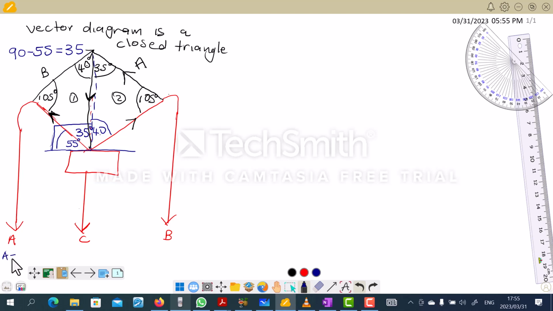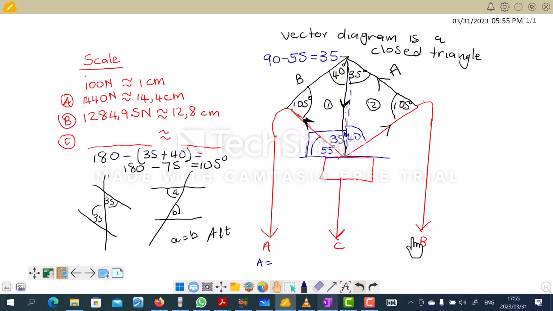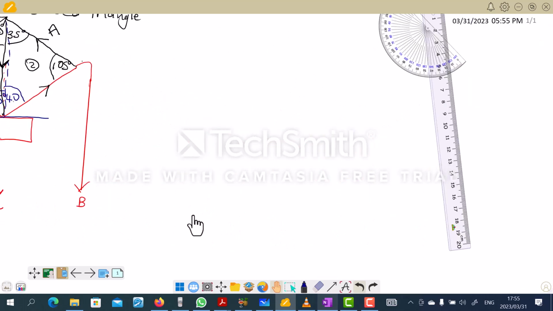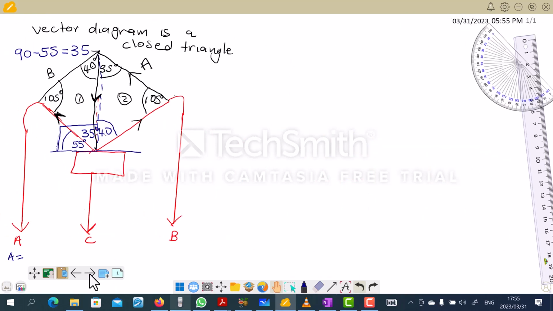The magnitude of vector A is 14.4 centimeters, and B is 12.8 centimeters.